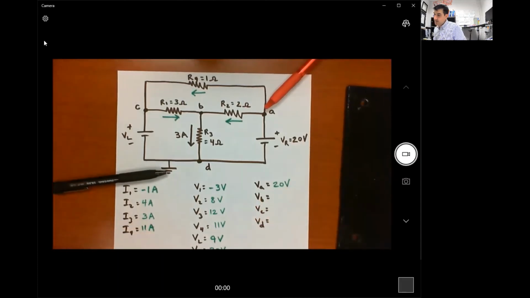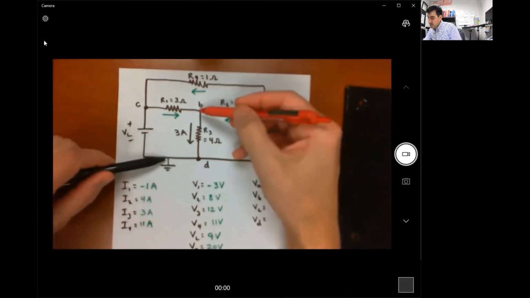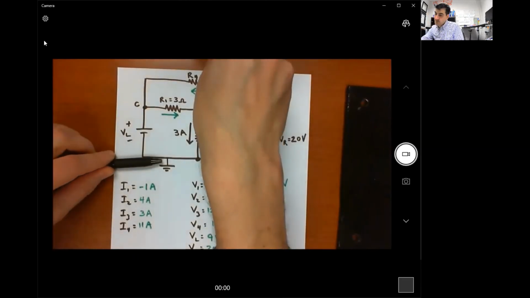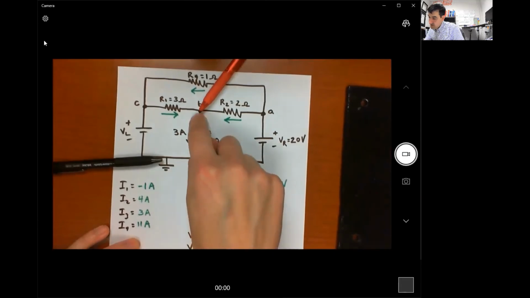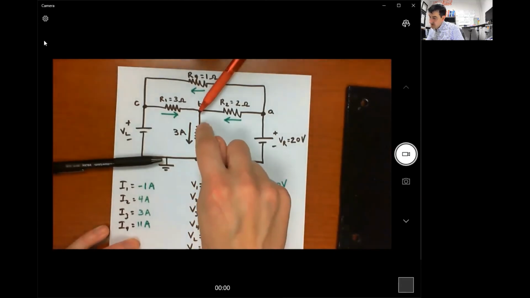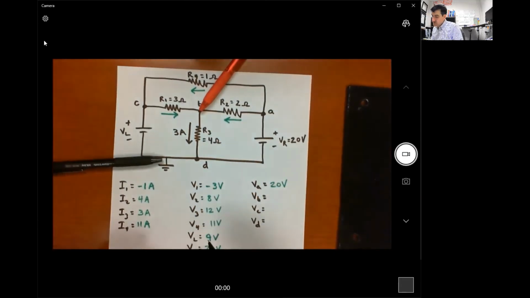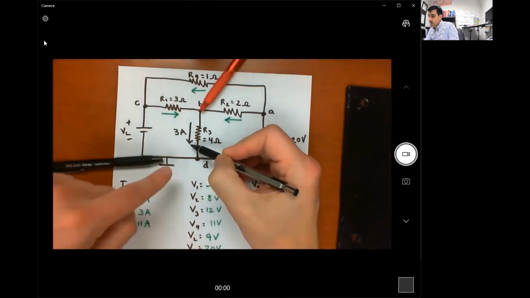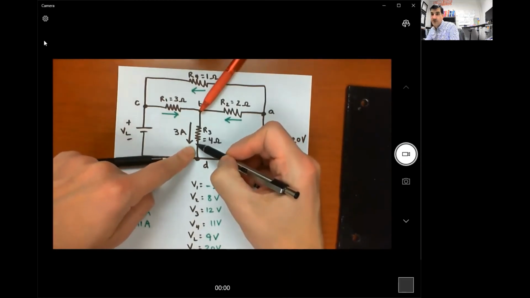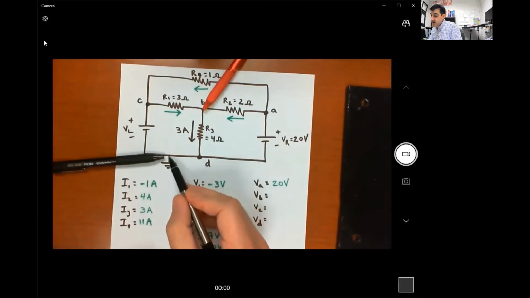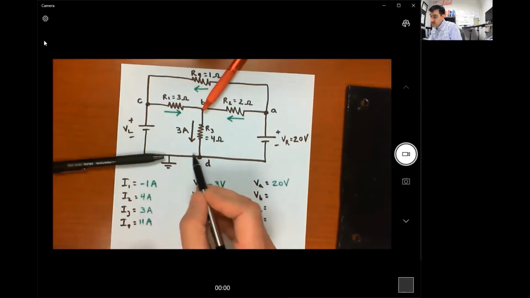Next is the voltage at B. So that's like this. The easiest way to do that is to go through this component. That was V3. V3 was 12 volts. So I know that with the direction of the arrow, I'm dropping 12 volts from here to here. And I also know, because this is ground, that this is 0 volts.